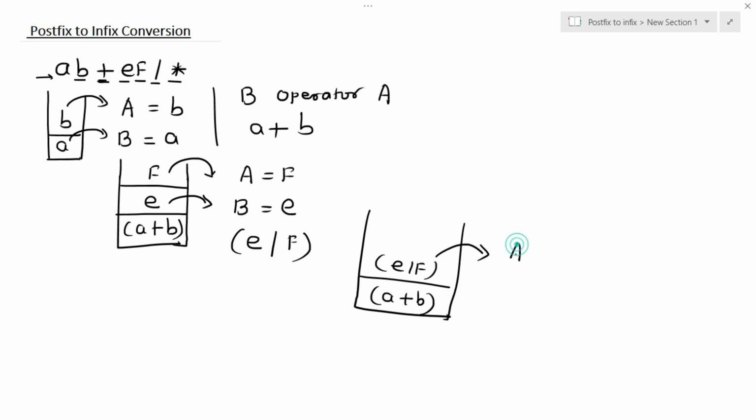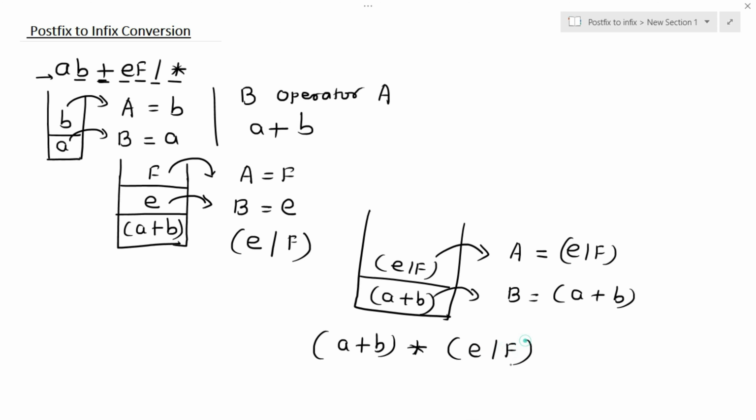First we store E divided by F into variable A, and A plus B into variable B. Now we get the new expression, following the rule B operator A. B is A plus B, the operator is multiplication, and A is E divided by F. So this is our final infix expression. In this way we can convert the postfix expression into infix.